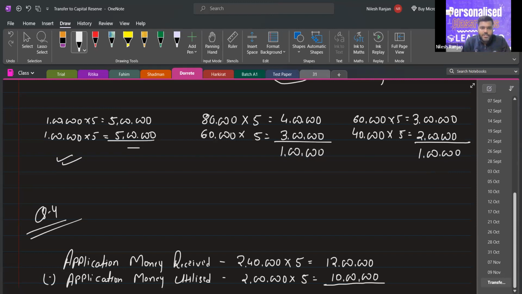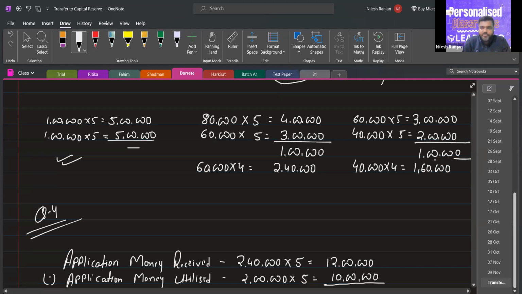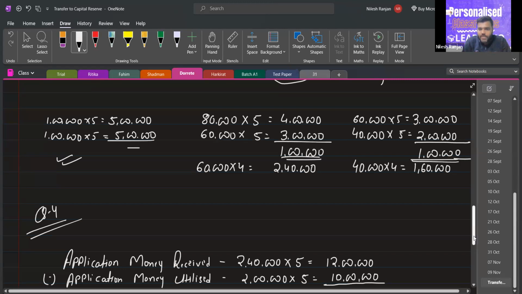Now, in the first case, we need 60,000 into 4, 2,40,000 here. And on allotment, 40,000 into 4, 1,60,000 here. If we deduct excess application money, we'll get some balance here.